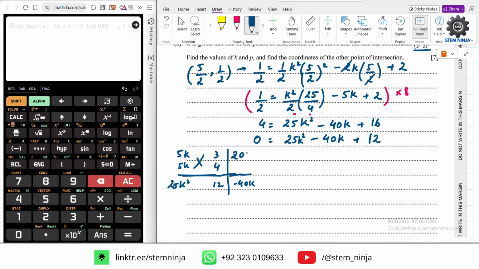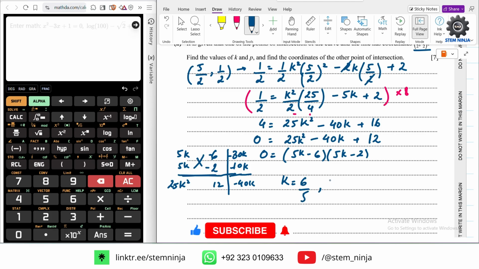So 20, 15, no. 6 and 2. 30, yeah, so 30k and 10k. Both of them have to be negative. So you get it by doing 5k minus 6, 5k minus 2. So you get either k equal to 6 over 5 or k equal to 2 over 5.